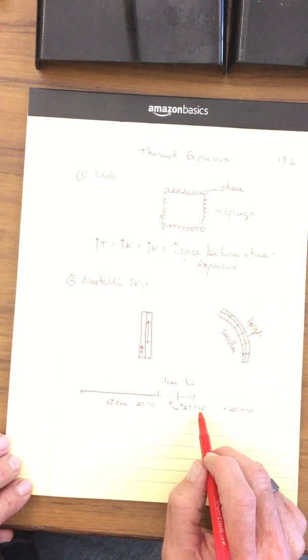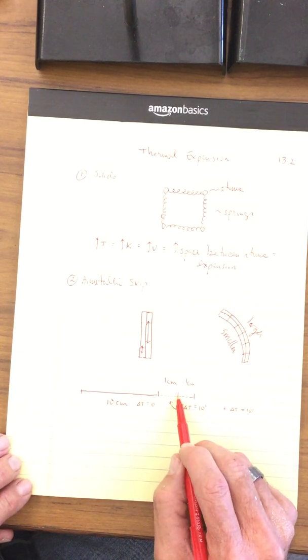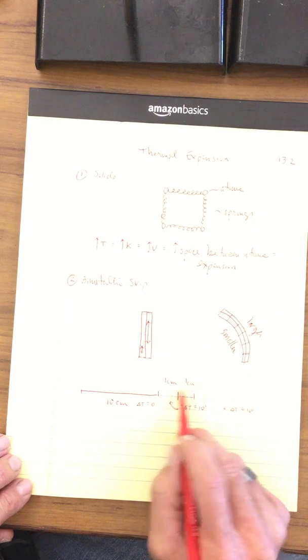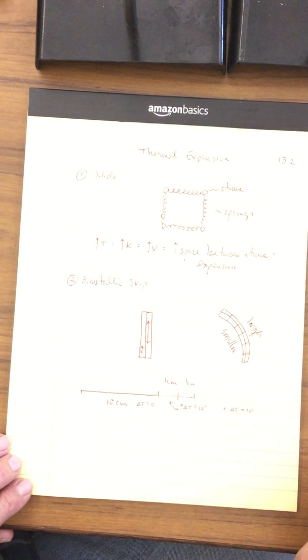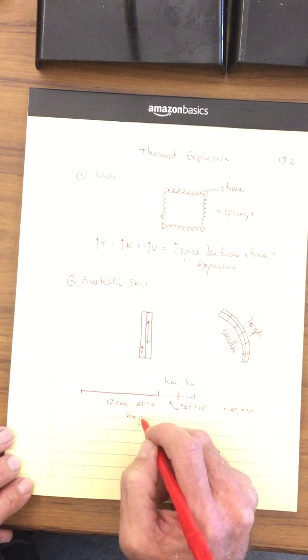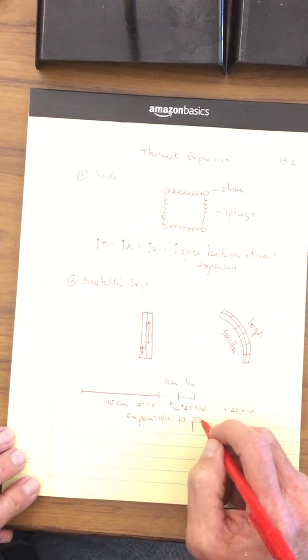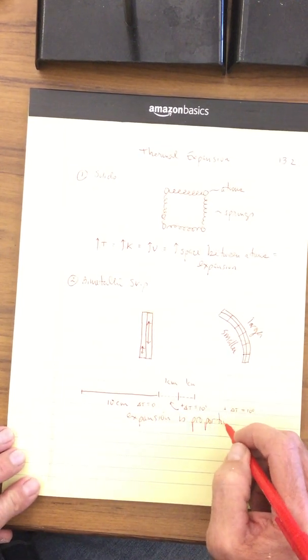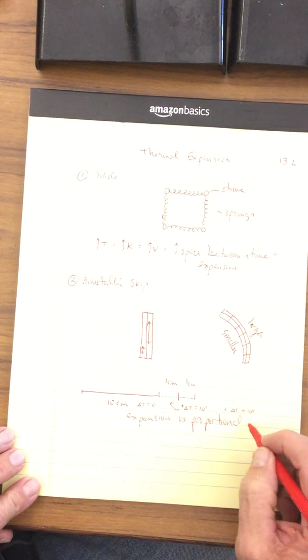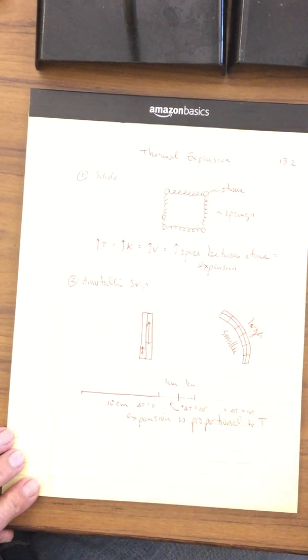If you increase it 10 units, you get this amount of expansion. If you increase it 20, you get double the expansion. So the expansion is proportional to temperature.